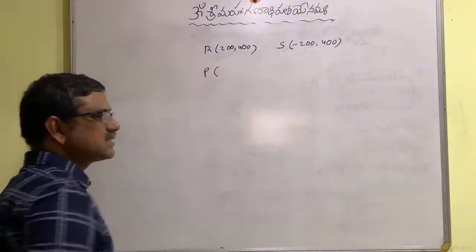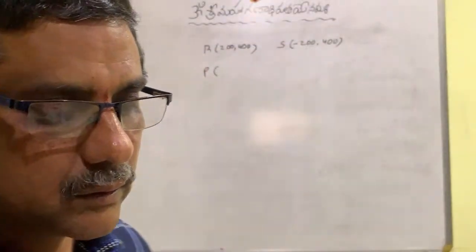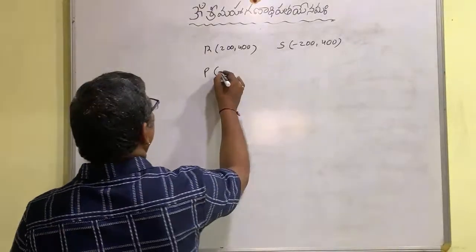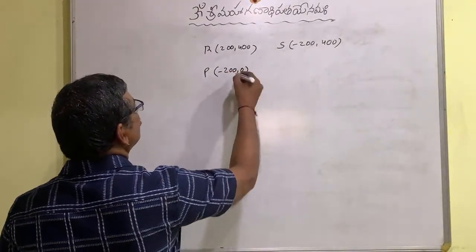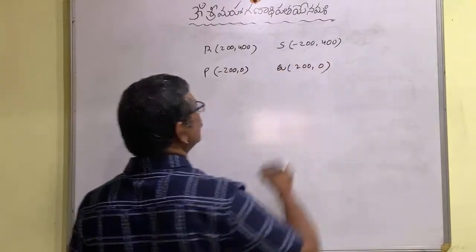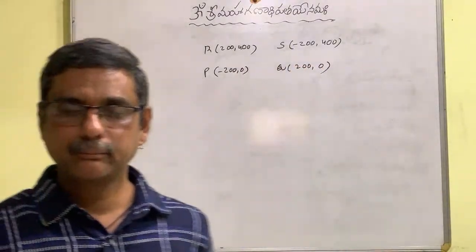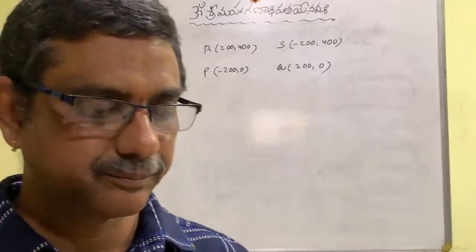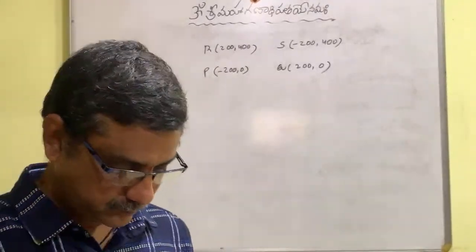What are the coordinates of P? Minus 200 comma 0. Q, 200 comma 0. These are the coordinates. Next question.